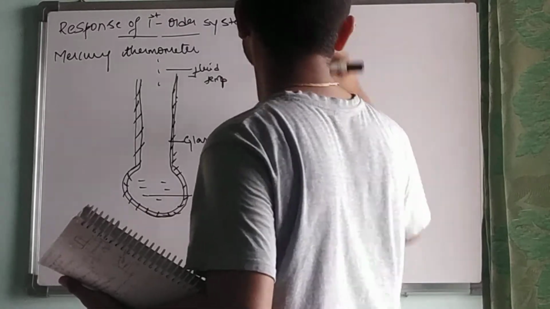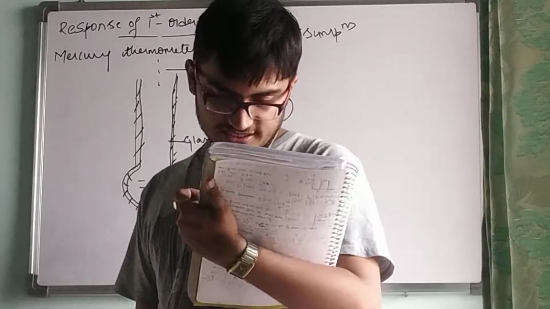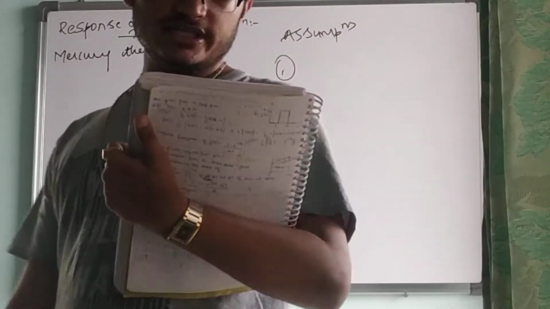The first assumption: all the resistance to heat transfer resides in the film surrounding the bulb.